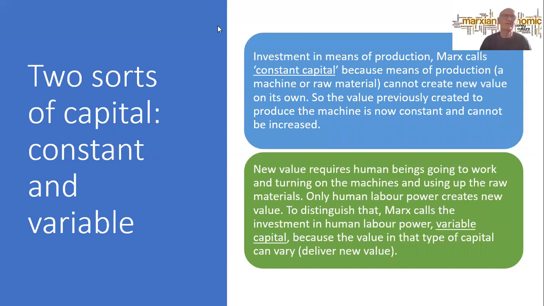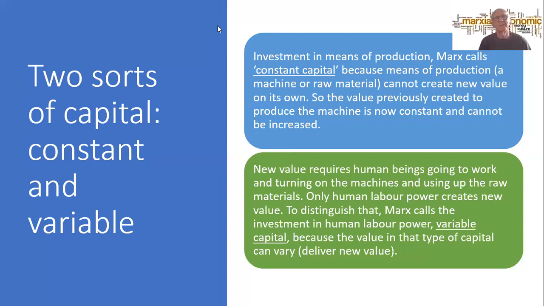Raw materials stay as raw materials unless they're molded into something else. But they represent a certain value in the past, that value previously created to produce the machine, or previously created as a component in an auto factory or whatever, to be used by the factory process itself. So there's a certain level of value in that constant capital, but it's constant. It cannot be increased unless workers put it to use.